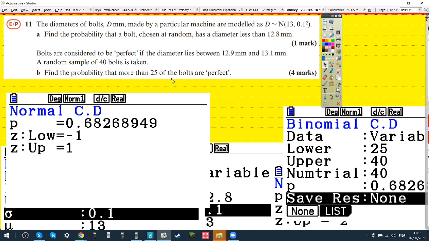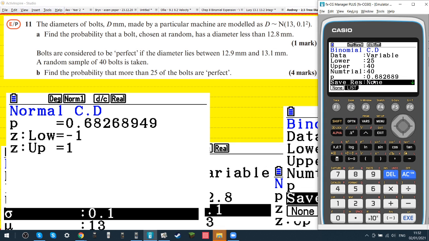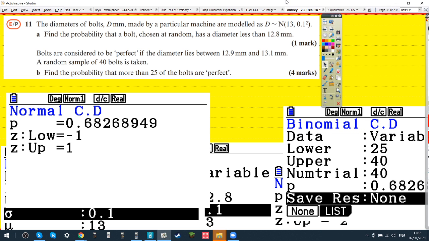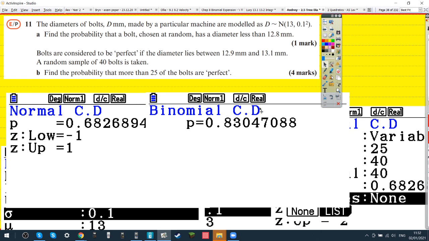They're either perfect or they're not perfect. 25 or more, so lower is 25, upper is 40, total is 40, and the probability of them being perfect is 68.3% roughly. And overall you get 83% roughly that in a batch of 40, 25 or more will be perfect.